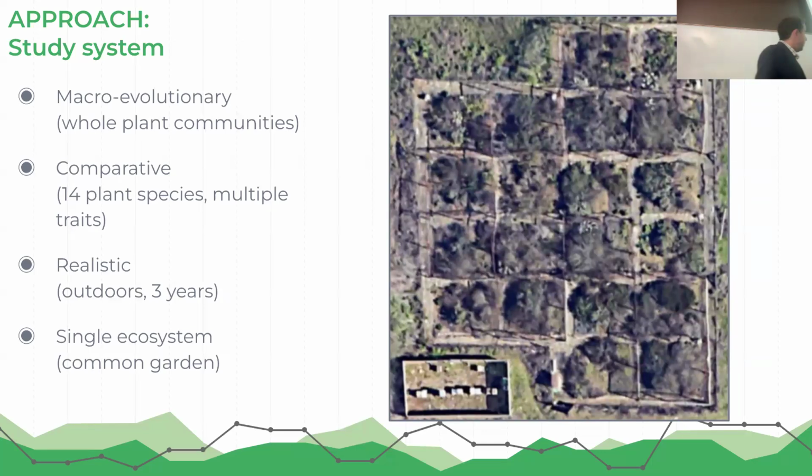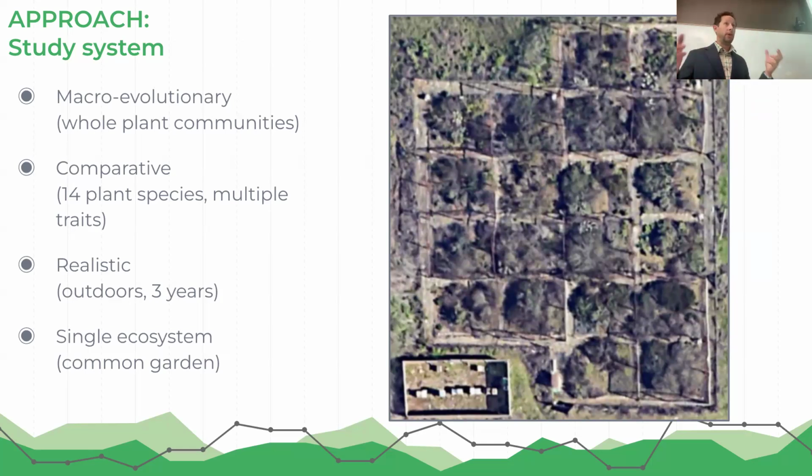And we thought that the advantage of doing it this way is that we can look at whole plant communities. So we're looking at a macroevolutionary approach. This approach is comparative, so we can compare between multiple plant species and then compare between years. It's realistic, it's outdoors, so we're not controlling really anything here. And it took place over 3 years.